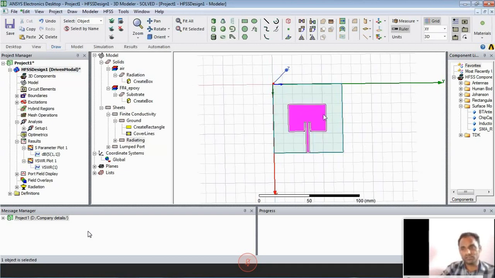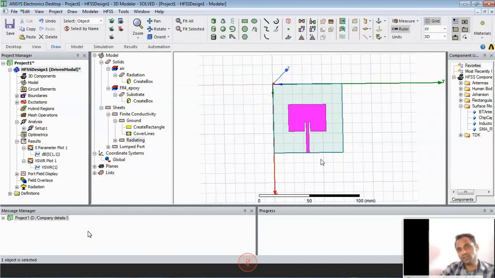So after drawing this, the fourth step is we insert a feed line. That means a transmission line here. For the transmission line, we made a calculation based upon the formula. The transmission line length is lambda g by 4. So you need to find lambda g first of all.